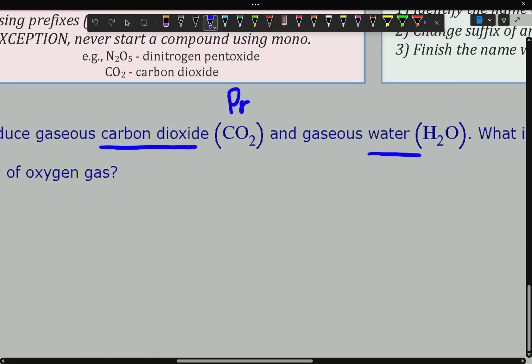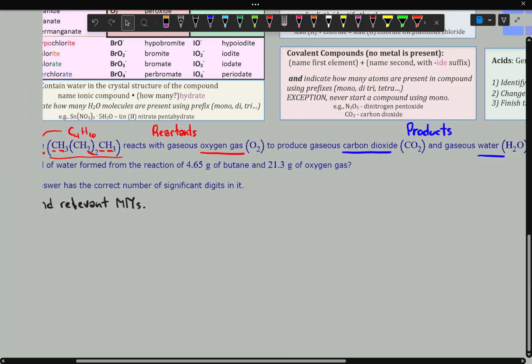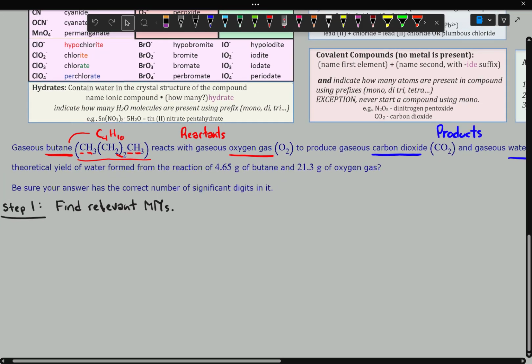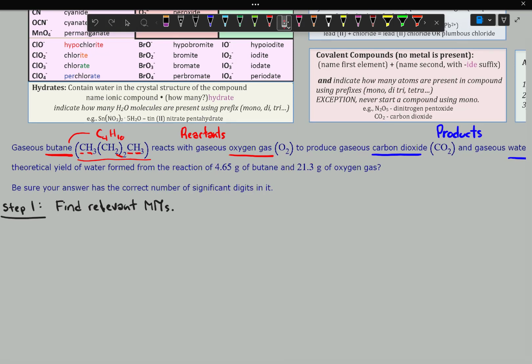And these are the products. So we want to know that when we have this amount of butane and this amount of oxygen as our reactants, how much of the products do we form?